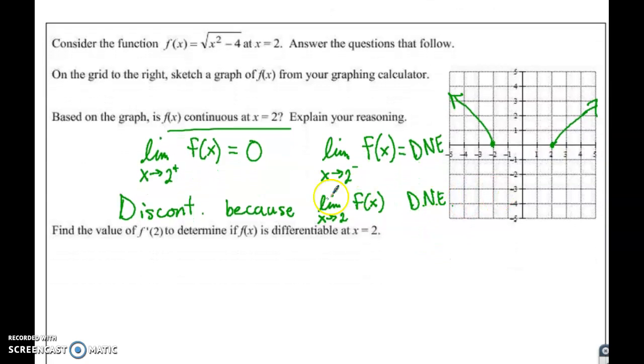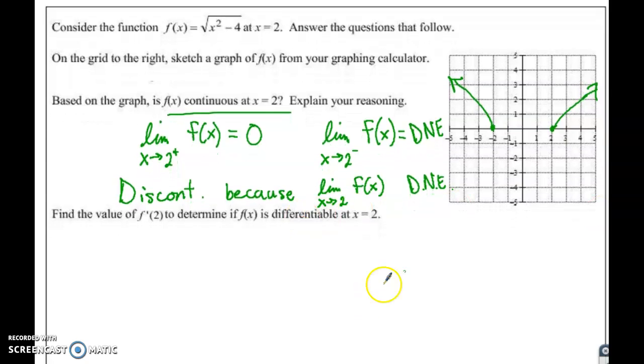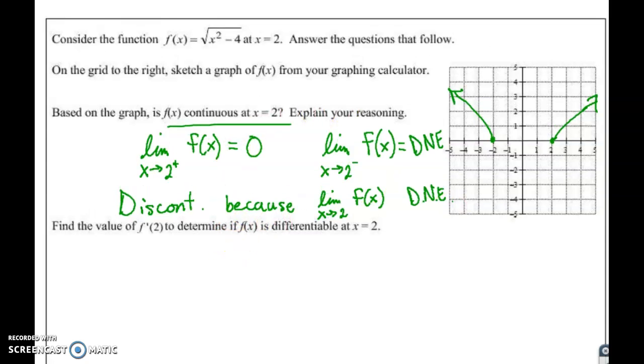Now, a similar question: what about the derivative of that? There's no slope at that point. If you try to draw a tangent line, where would the tangent line for a point be? Well, let's just differentiate it, and maybe that'll make more sense.